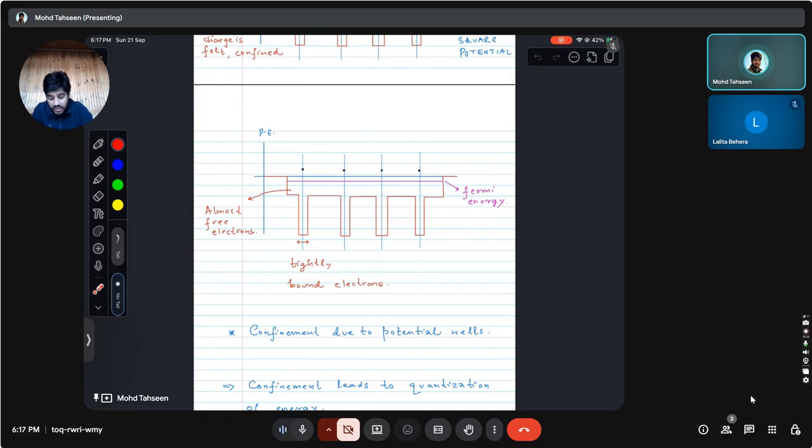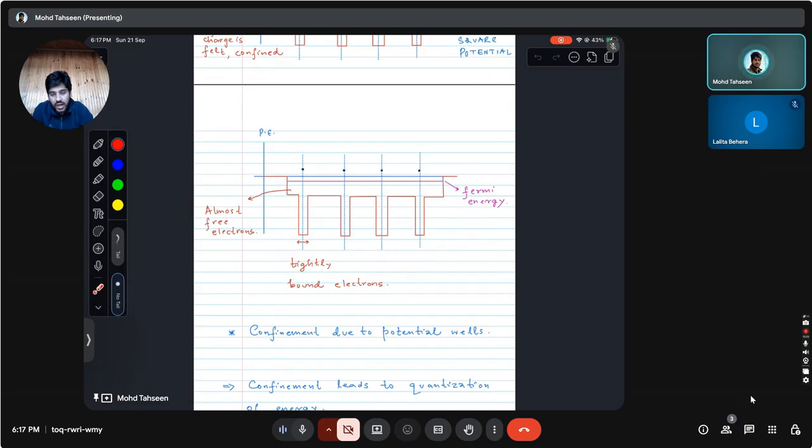And then we have another level of confinement, which is called nearly free electrons, right? These electrons are free to move around the conductor, and their motion is limited by the size of the conductor, okay? And there is some energy level, represented in this pink color here.